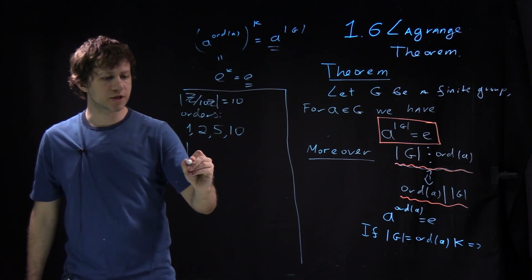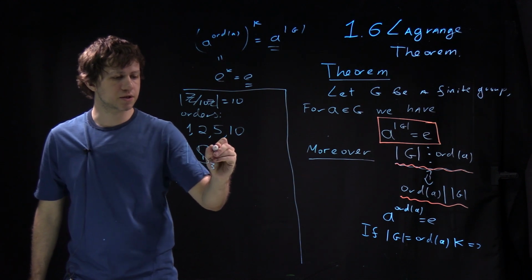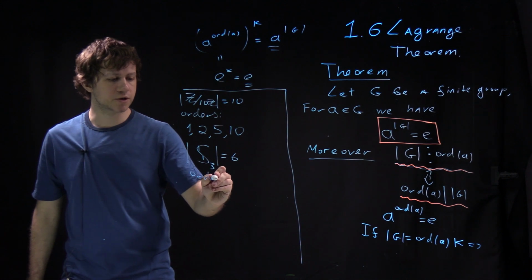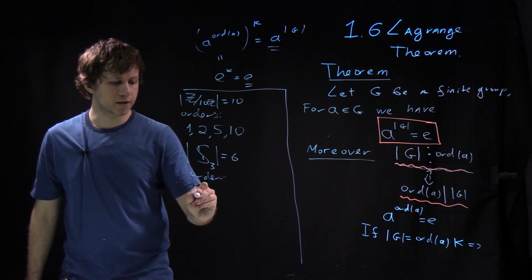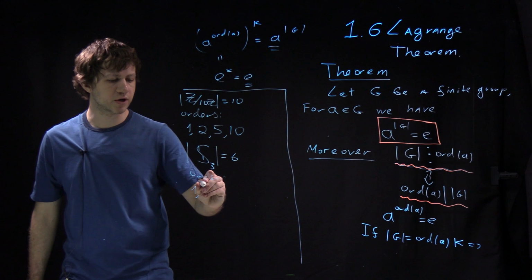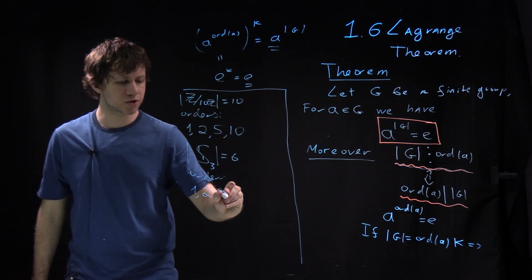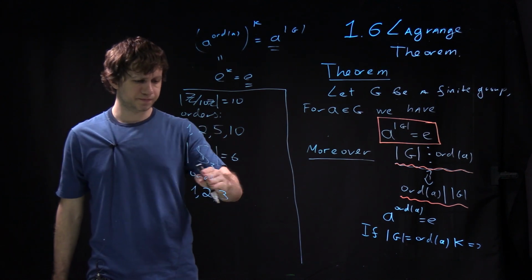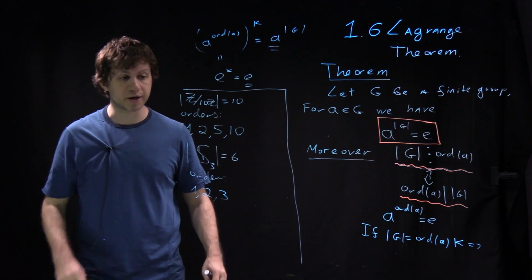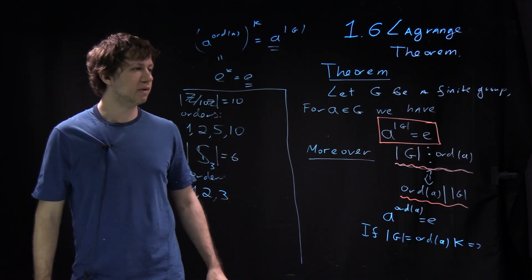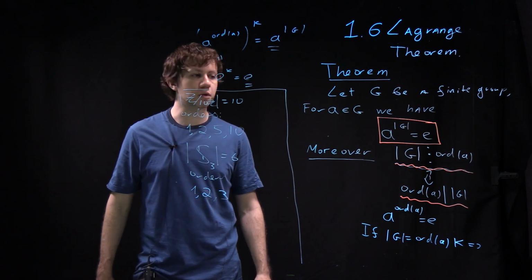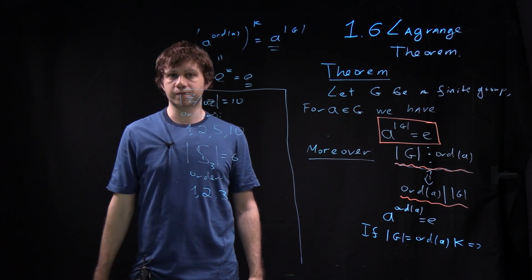And also we saw that if you take S3, the order is 6, and orders of elements are just 1 for identity, 2 for symmetries, and 3 for rotations, and no other orders appear, and all of them divide 6. So that's an interesting statement, and it's beautiful. It's non-trivial at all. Let me prove it.